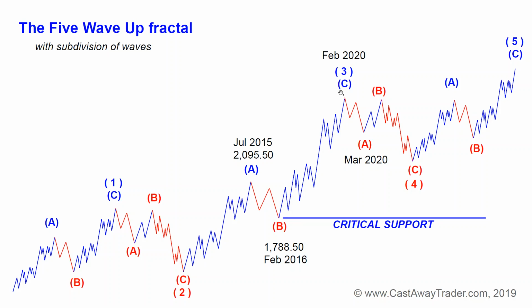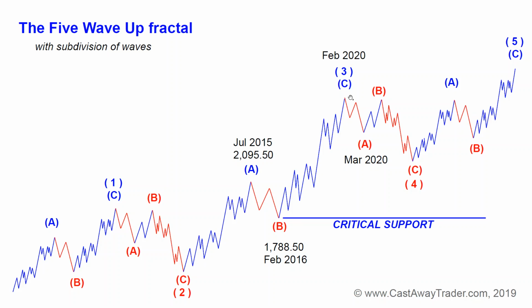What we would expect is the first leg up in subwave A of 5, which has to stop somewhere around the top made in February 2020, then a pullback, and then another push higher, which has to make a new higher high. Again, if we hold over that support, we can still expect that the top made in February 2020 would not be the ultimate top, and the market would continue going higher after completion of that pullback.